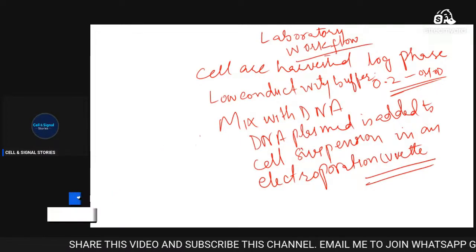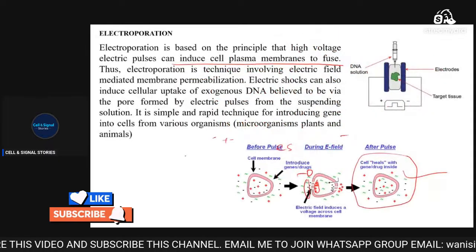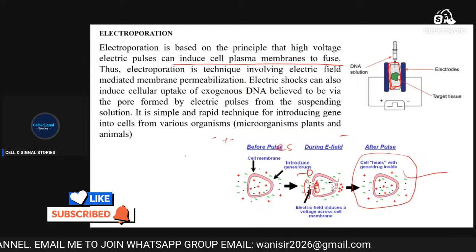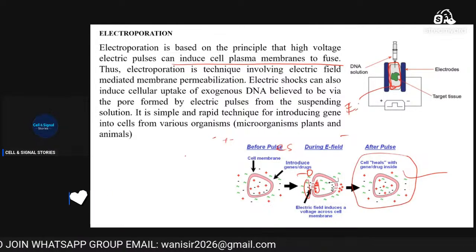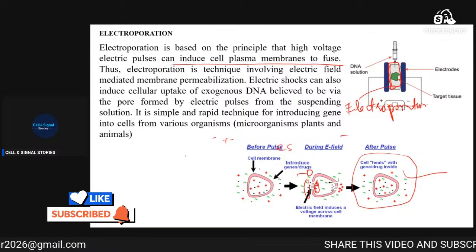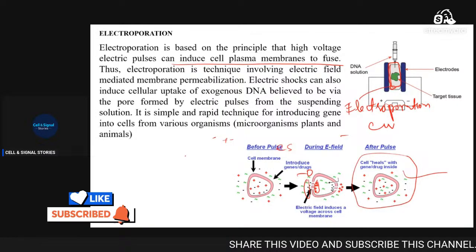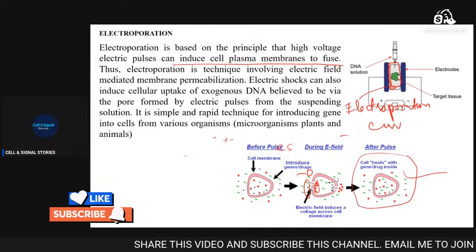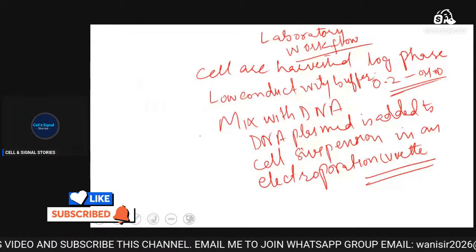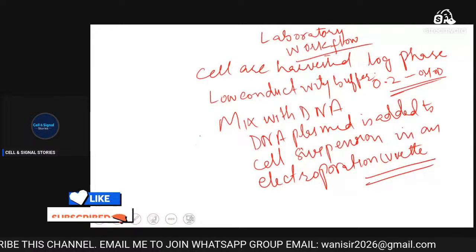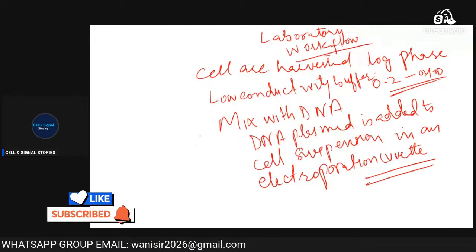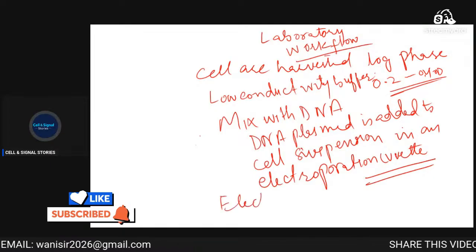Like in the previous diagram, you will see that the cells are in the cuvette, which is called the electroporation cuvette. It is flanked by the two electrodes and connected to the electroporator.